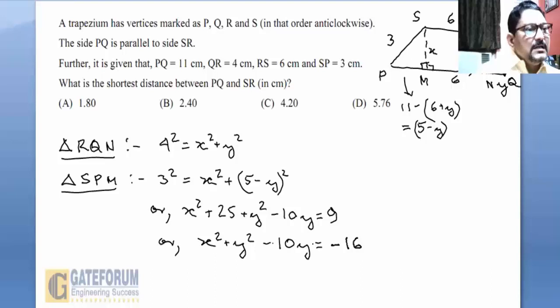We can say that. Now substitute the value of x square and y square on this side.